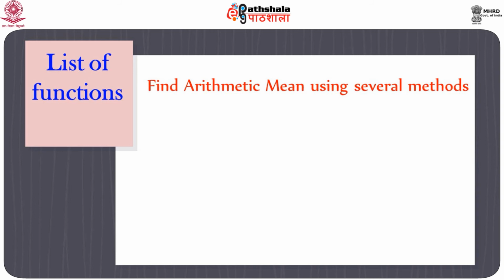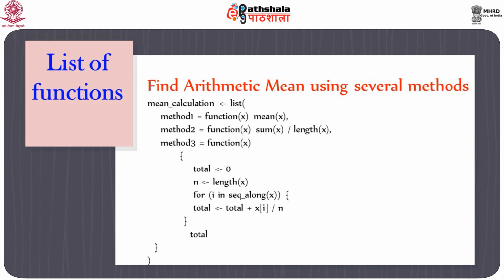Let us name the function mean underscore calculation, with an underscore between mean and calculation. Here altogether we are taking up 3 different methods of obtaining the arithmetic mean. As for method 1, we are declaring mean of x as a function of x. So, straight away we are using the base package to obtain the mean of some numbers.